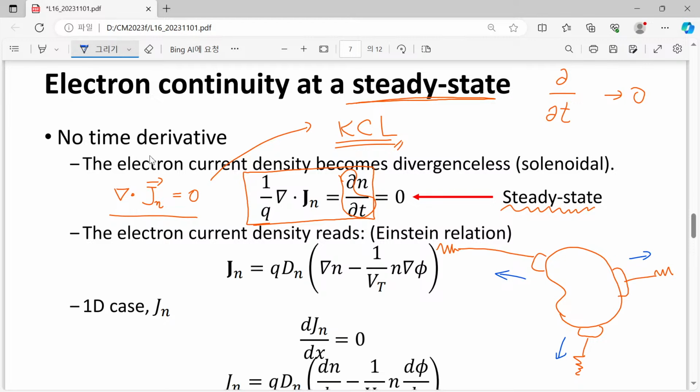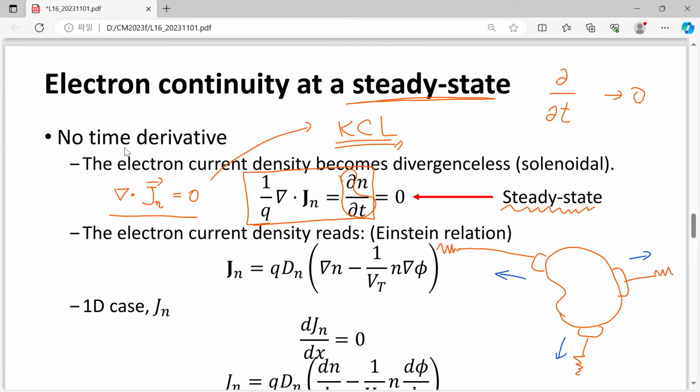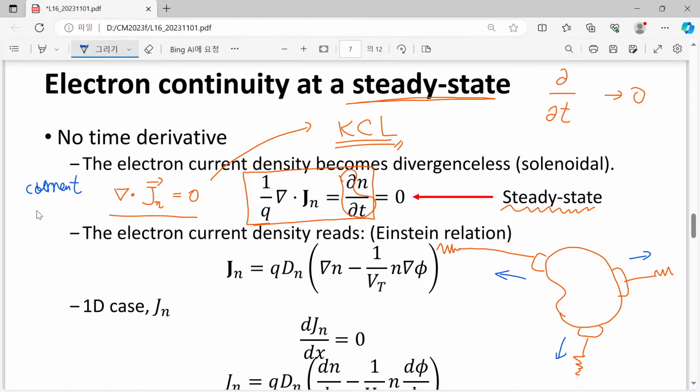So this is nothing but just a realization of this vanishing divergence of our current density. Okay. Anyway, now simply speaking, we are now talking about current conservation. Steady state.